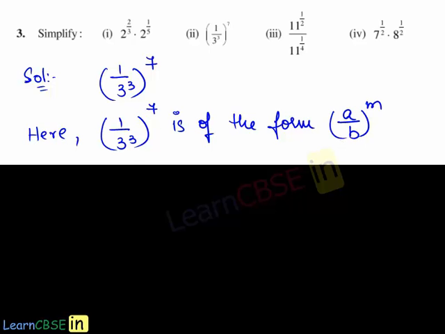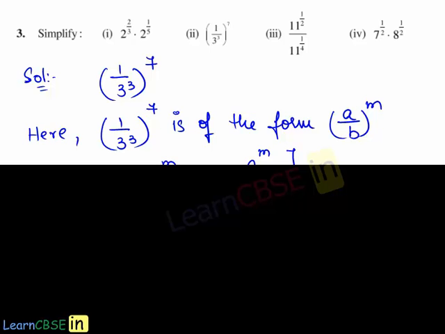As we know, a by b whole raised to the power of m is equal to a power m by b power m. We write 1 by 3 raised to the power of 3 whole power 7 as 1 whole power 7 by 3 raised to the power of 3 whole power 7.